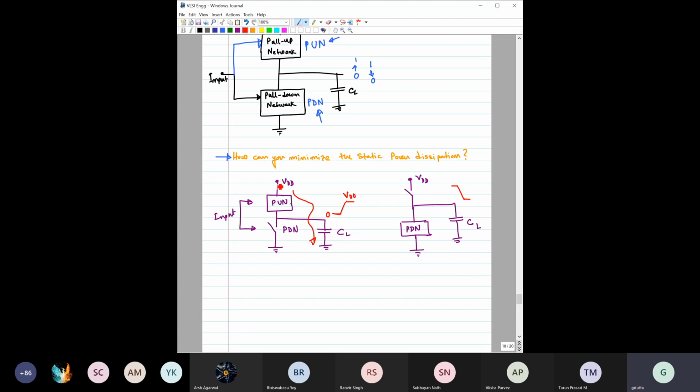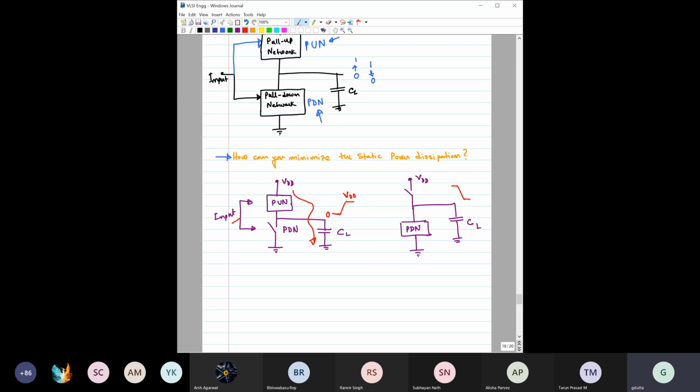Then there is no direct path from VDD to ground. No static power dissipation, the path is not complete. The power is only being used to charge the capacitor, right? So that means this is rising from 0 to VDD.